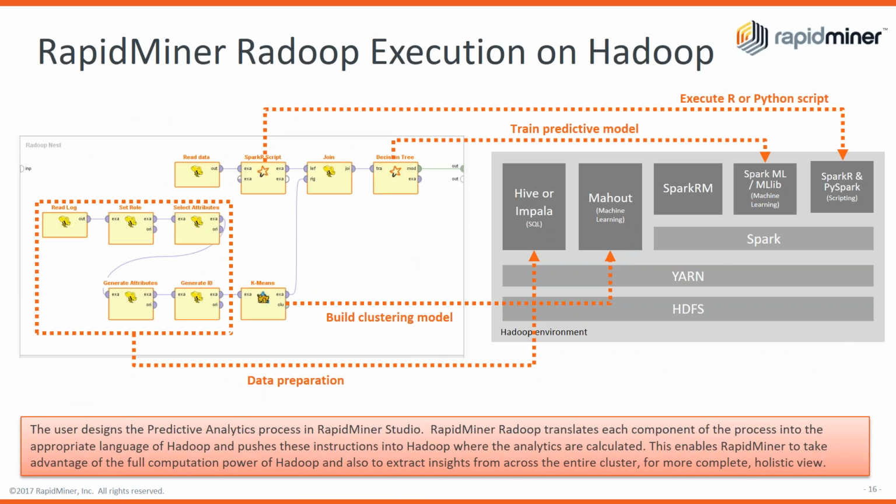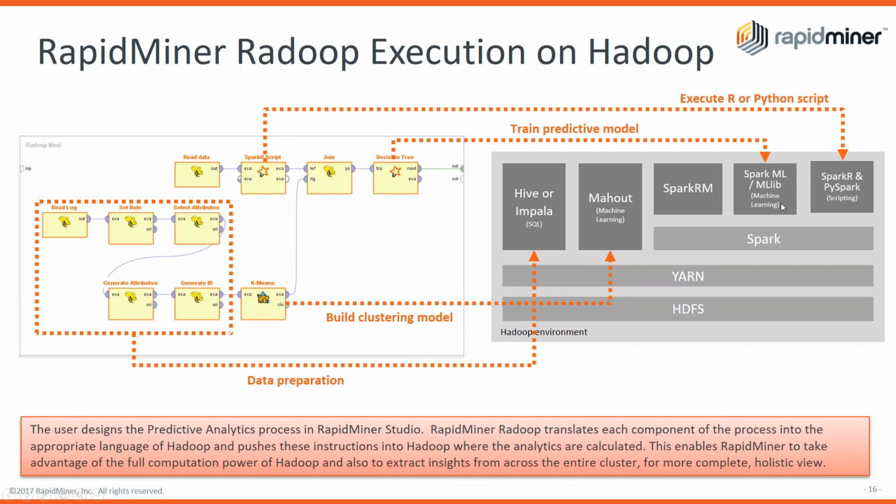Each box's operator is making use of different Hadoop services. Some, mostly about ETL or data ingestion, use Hive or Impala. Some use Mahout. A lot use Spark machine learning library, MLlib operators.